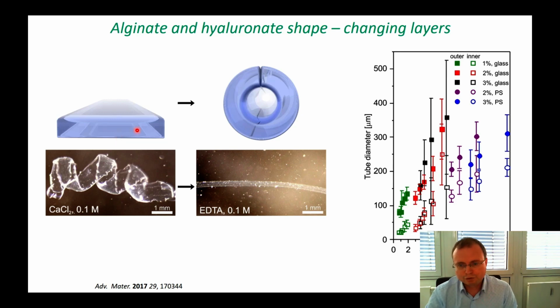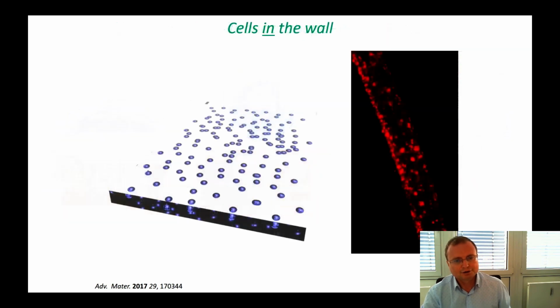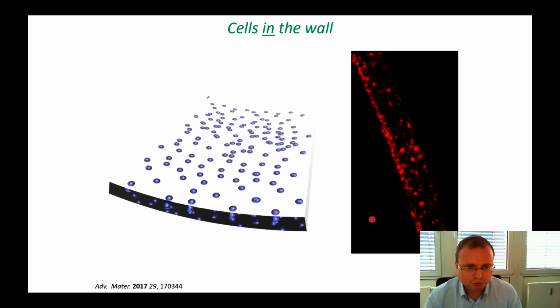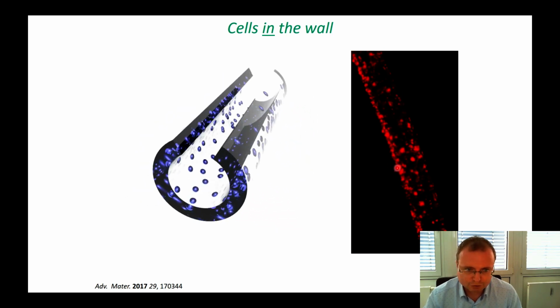The diameter of the formed tubes ranges between 10 micrometers and approximately 200 micrometers, depending on the dry thickness of the layer. So it is the diameter of the blood vessels which are most difficult to fabricate. In this particular approach, we are able to incorporate the cells inside the walls of the formed structure, like it was shown here.